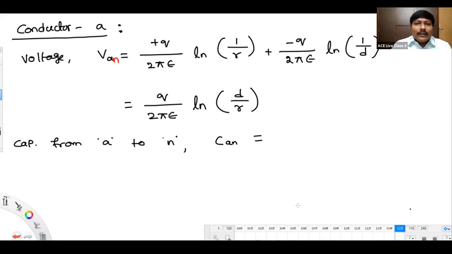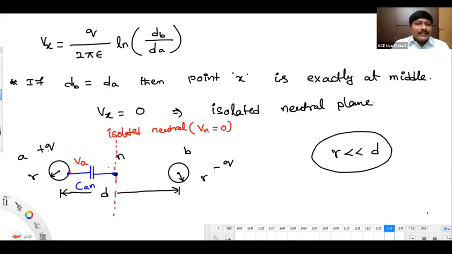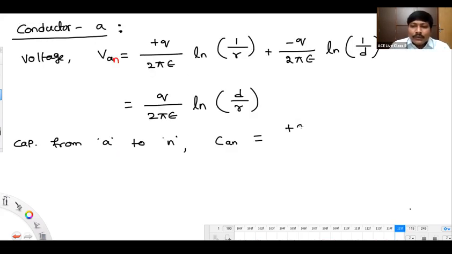What is that equation? Charge by voltage. What is the charge on this conductor? Plus Q, by the voltage VAN. So CAN is plus Q by VAN, and you already know the VAN formula, which you substitute here.